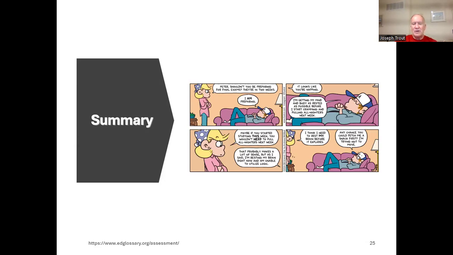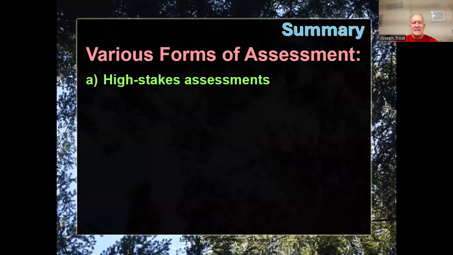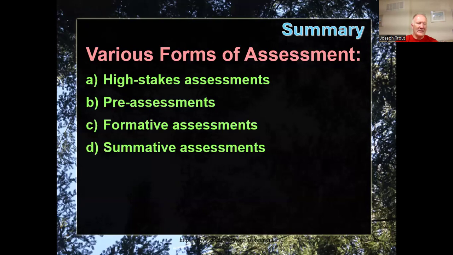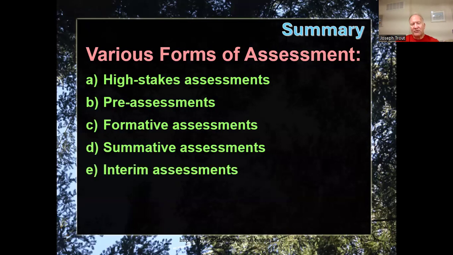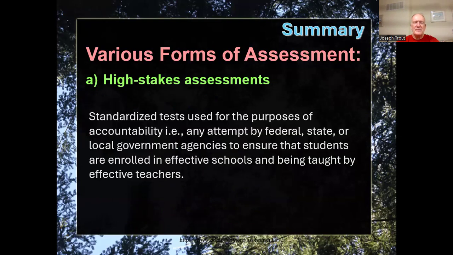So let's look at a summary and give some examples of these types of assessment. So the various forms of assessment, we had high stakes assessments, pre-assessments, formative assessments, summative assessments, interim assessments, placement assessments, and screening assessments.